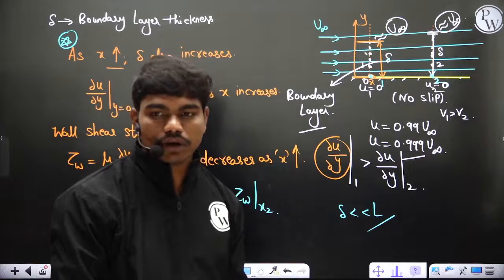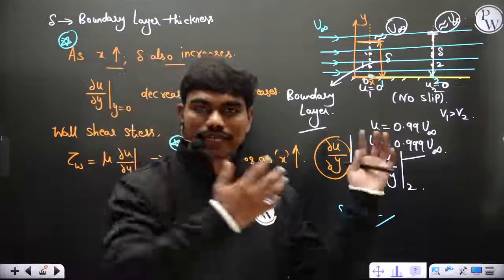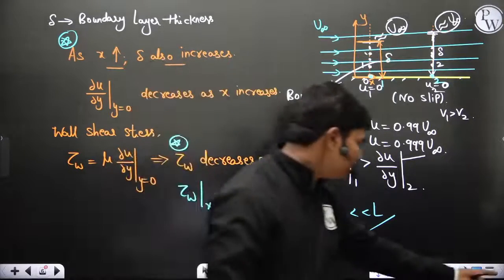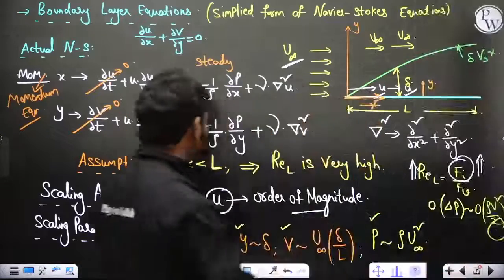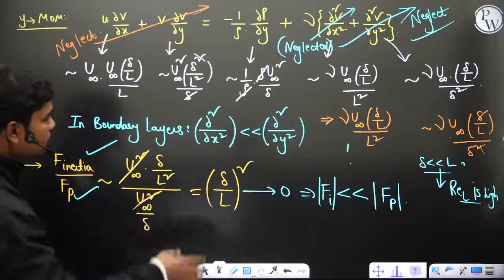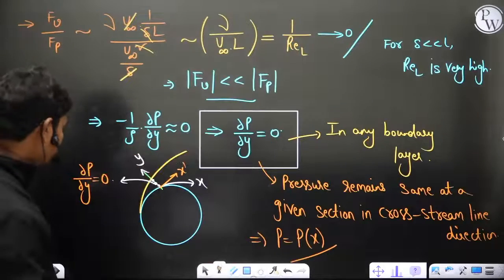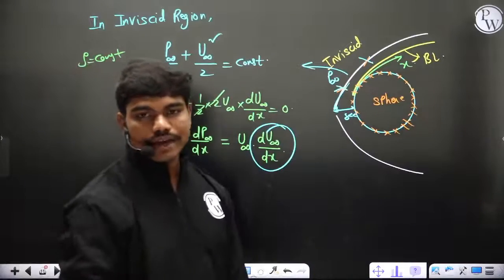Is this clear to all of you? Did you understand the connection between the physics and the maths, and the power of scaling which we have used here? Scaling the terms and understanding dou p by dou y is 0 along the cross-stream coordinate, then after x. Can you connect all these things?